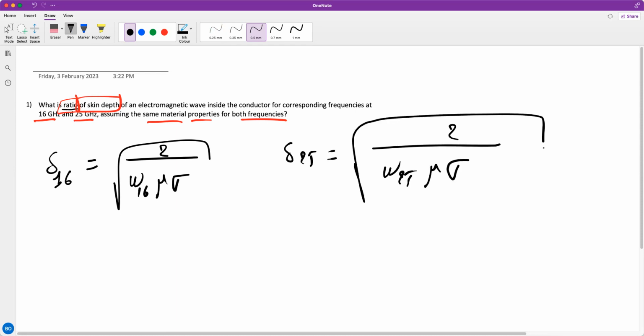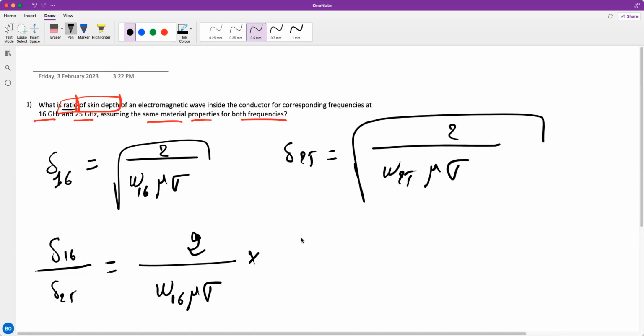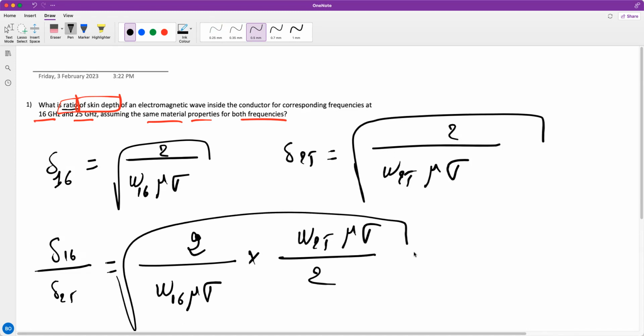The ratio delta 16 divided by delta 25 gives 2 over omega 16 mu sigma times omega 25 mu sigma divided by 2, because remember, we have to flip.